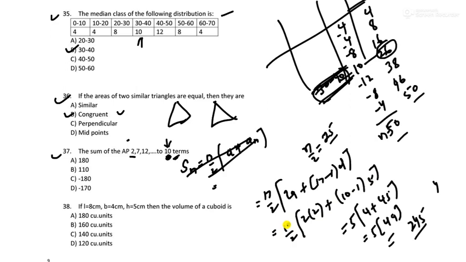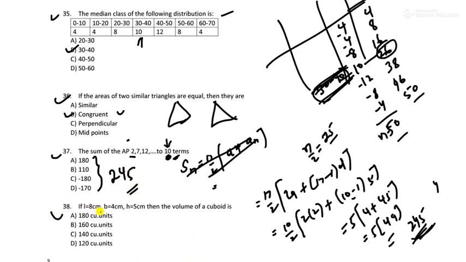So what is the mistake here? 10 by 2 is 5, 2 into 2 is 4, plus 9 into 5 is 45, correct? So 4 plus 45 is 49, 5 into 49 is 245. What is the problem? They have not given it in the options. Actually, there might be some mistake. The answer is 245.